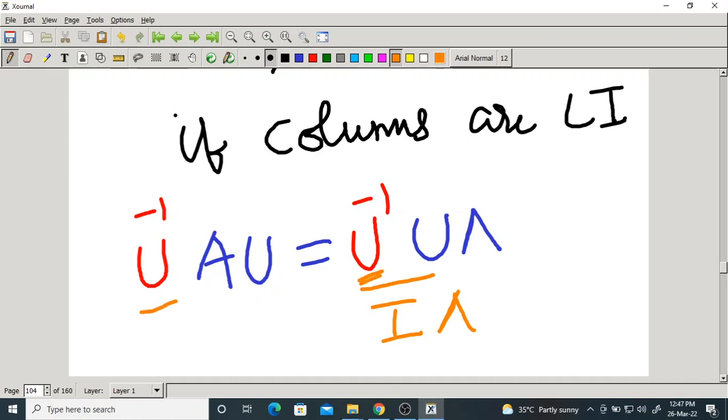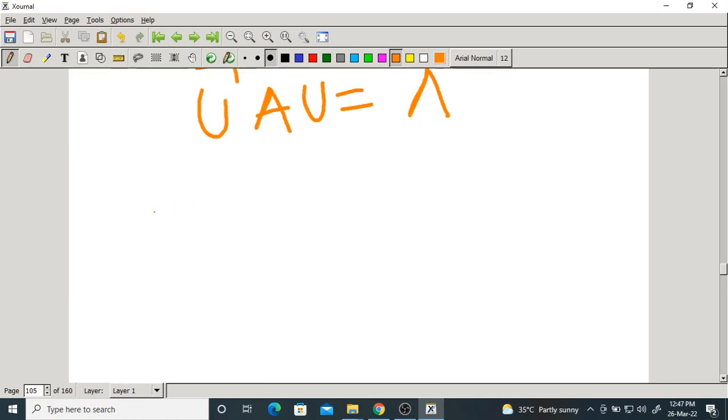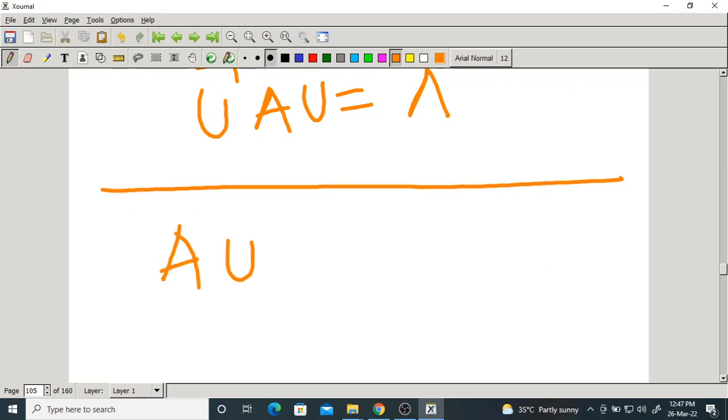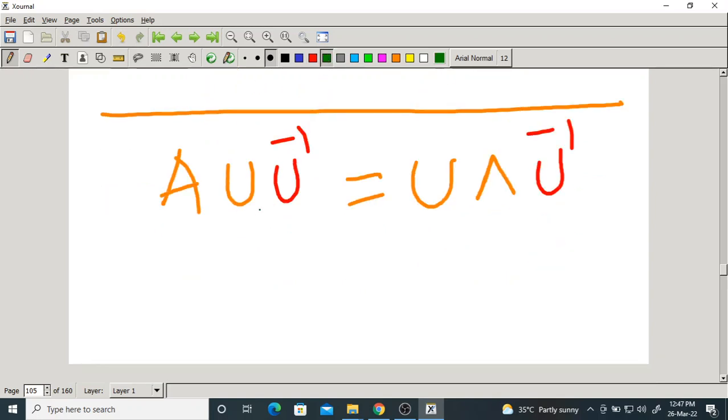You can also multiply post. Case 2: AU equal to U lambda. Post multiplication with U inverse. So this is I, identity matrix.